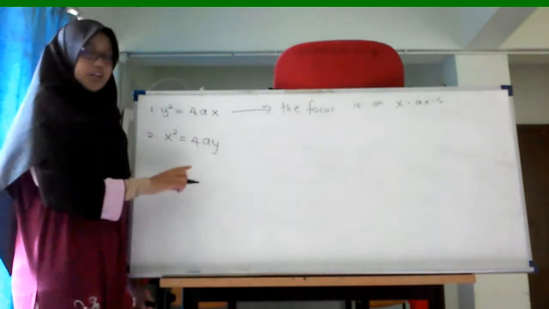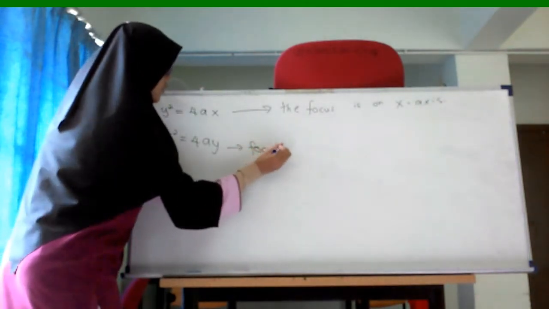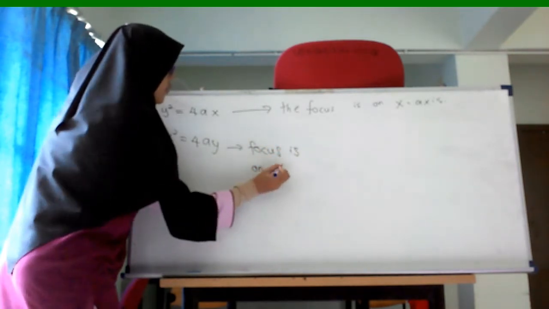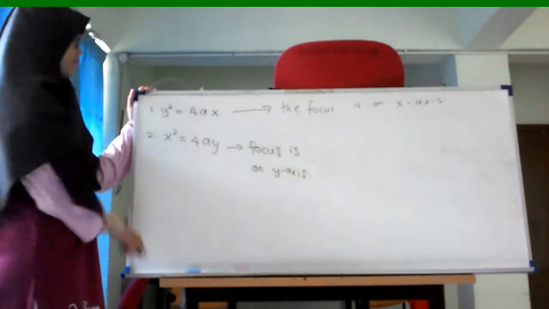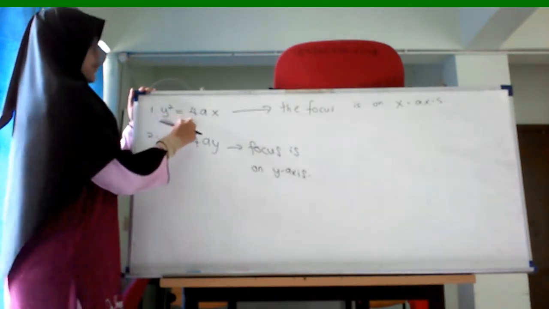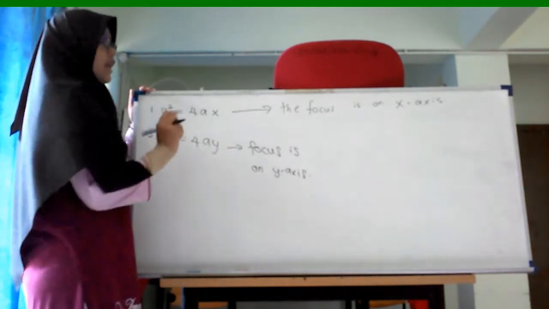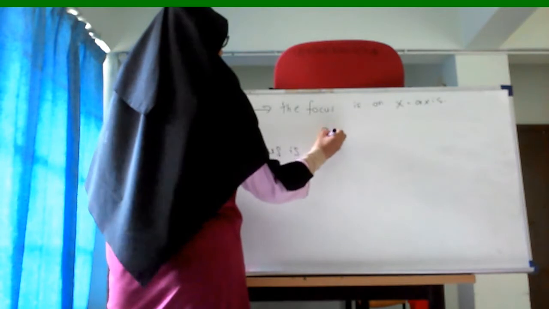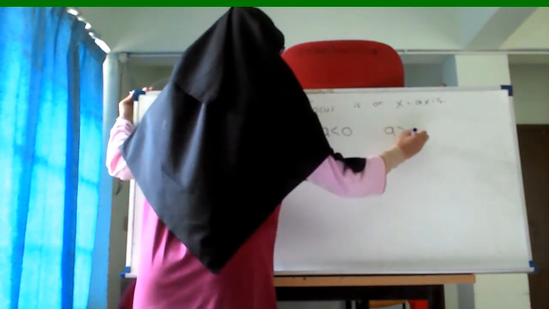Okay, and for y squared equal to 4ax, we will get the shape of the parabola depending on whether a is less than 0 or a is bigger than 0. When a is less than 0, it will open left, and when a is bigger than 0, it will open right.